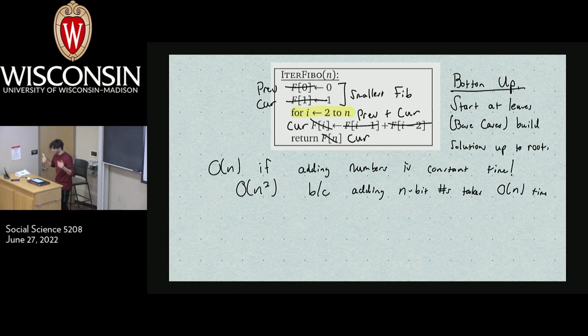So if we're doing O of n additions and each addition's O of n time, then it's O of n squared total. This isn't super important for this specific algorithm because you can always take addition for granted. But for more complicated problems where your precision of arithmetic is important, like for subset sum, this will be an important point. Okay?